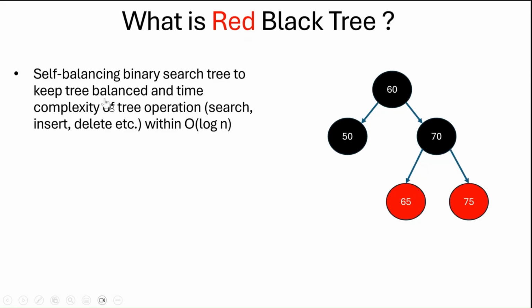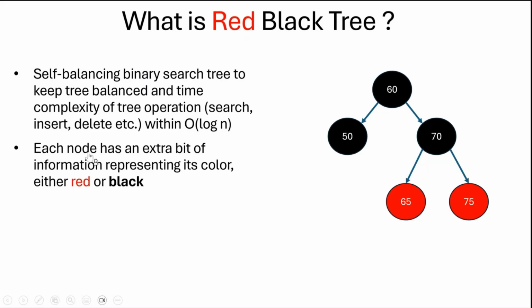So using some properties, it makes itself self-balancing and tries to balance itself whenever those properties are violated, so that the overall time complexity of these tree operations will be within O of log of n.